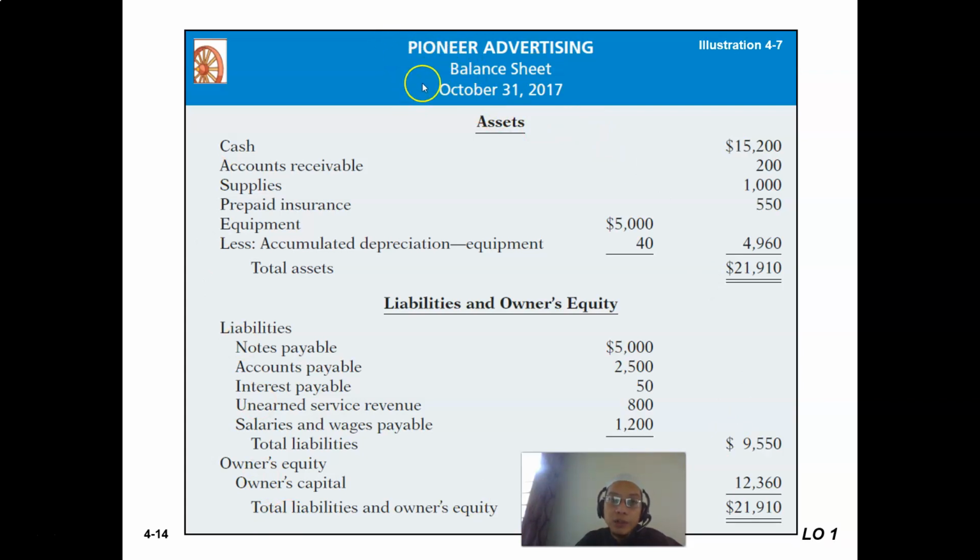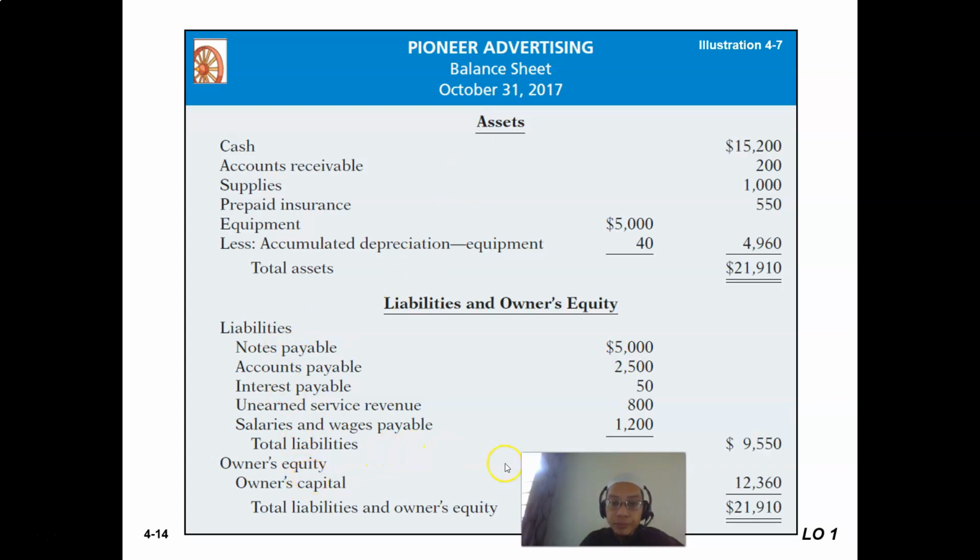For the balance sheet, we say it is a balance sheet as at 31st October 2017, because it's a snapshot of the position of the company. It's not showing a performance, a one-year performance, but it is showing at this particular date, on that exact date, how much is the cash, how much are the liabilities, and how much is the owner's equity.